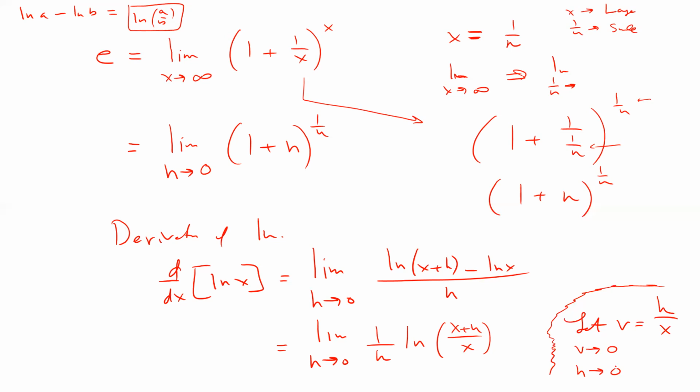If the top of a number goes to 0, we don't care what the x is, it's still going to go to 0. Okay, so let's multiply these together. Our substitution is going to be h equals v times x. A little bit of abstract thinking here.